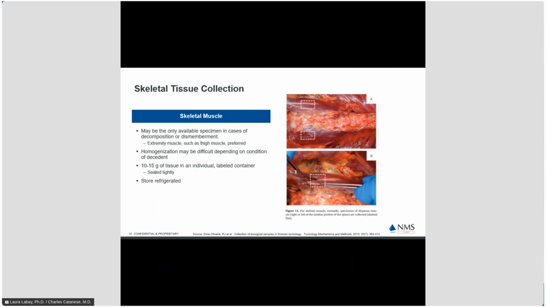In situations where there's marked decomposition or areas of significant external injury, and you don't have much more to submit but skeletal muscle, you certainly don't want to submit areas that have been exposed to the environment.